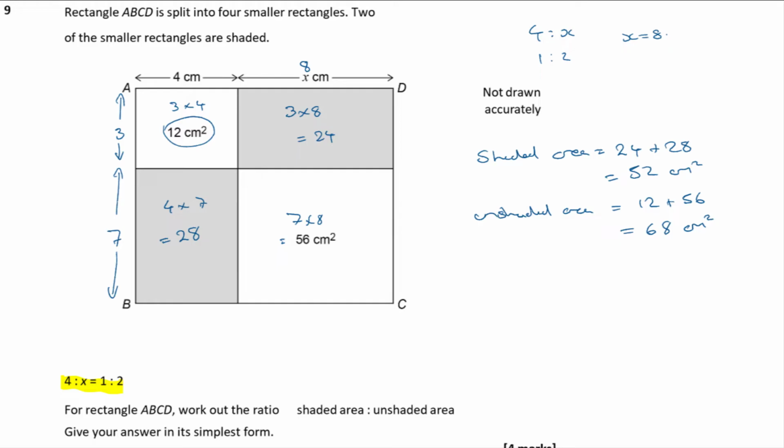So then the ratio of shaded to unshaded is going to be 52 to 68. Now we need to give it in its simplest form. So do 52 and 68 have any common factors? Well, I think the easiest way to do it is I use the fraction key on my calculator.